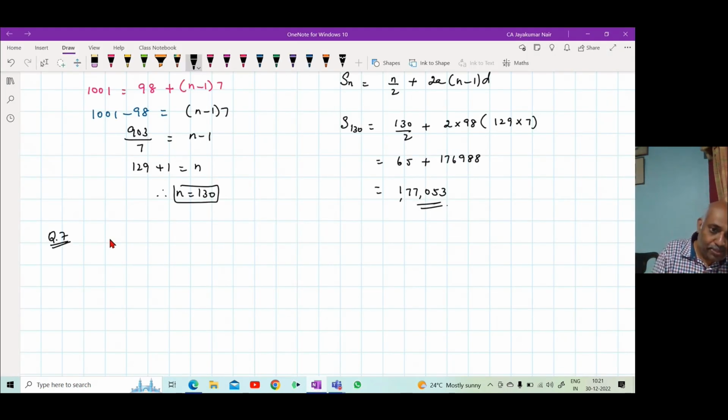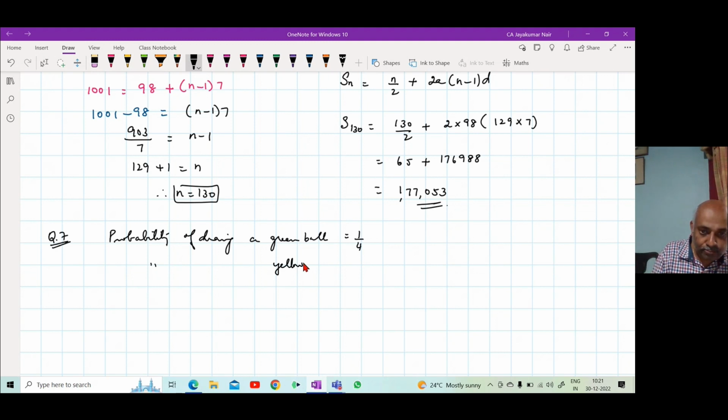So I'll write here: the probability of drawing a green ball is 1 by 4. Probability of drawing a yellow ball is 1 by 3. So what is the probability of drawing a green ball or a yellow ball?